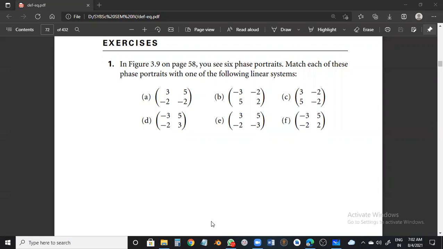If the real part is negative, you call it a spiral sink. A spiral sink falls in, going towards the origin. And if it is a source, it goes out away from the origin. Only that you have to keep in mind.